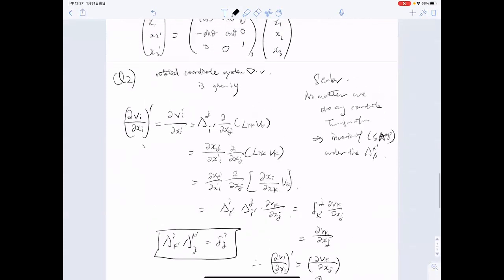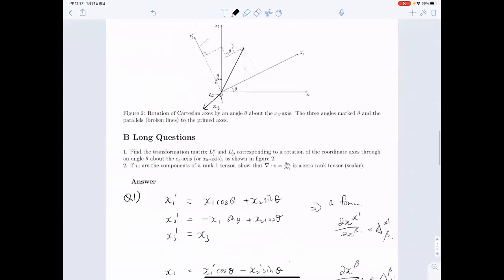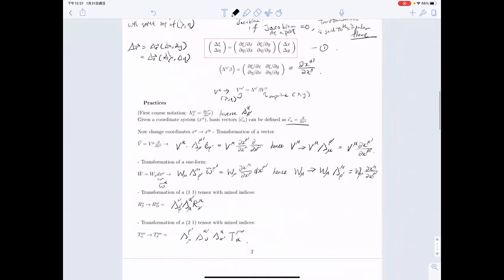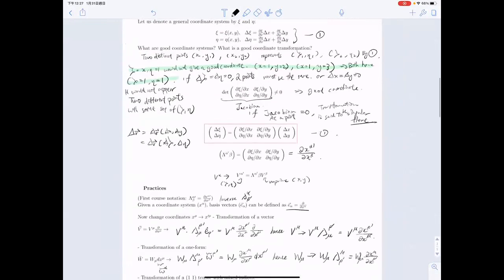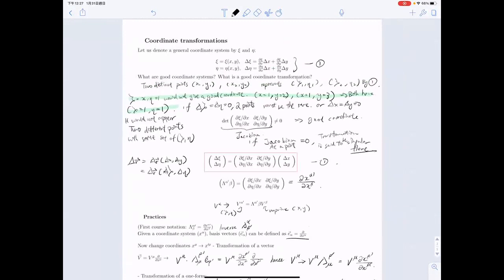All right, that's all I want to teach you guys. This is very trivial if you make sure you know how to massage the coordinate transformation from an unprimed to a primed system, and also unprimed to unprimed.